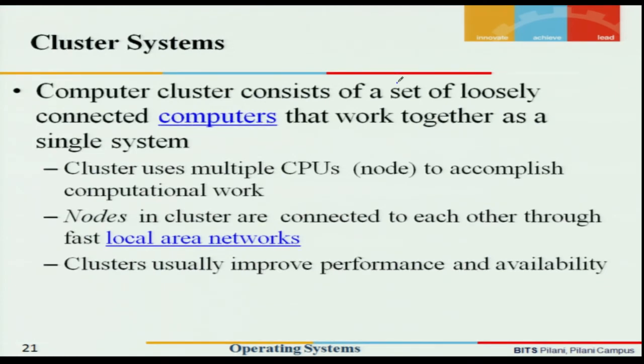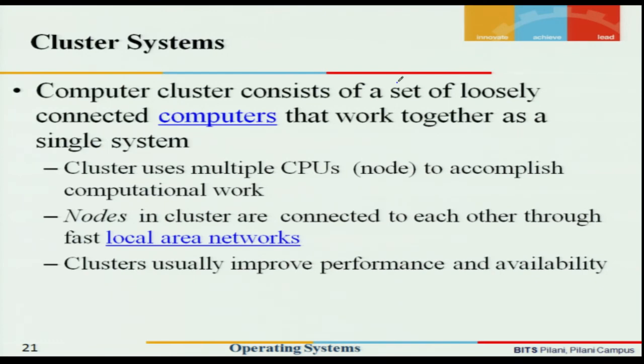Another kind of system which is prevalent nowadays is what we call cluster systems. Cluster systems are examples where we try to utilize a multiplicity of systems. If we look at the definition of a cluster system, a computer cluster consists of a set of loosely connected computers that work together as a single system.